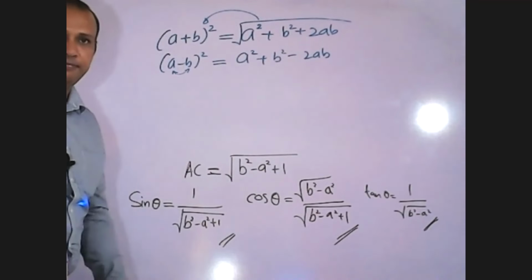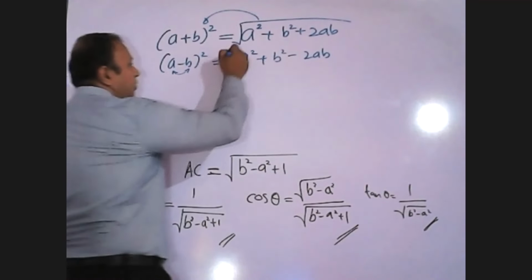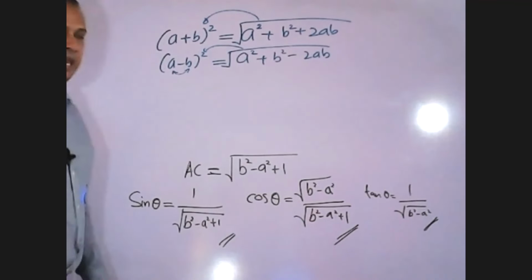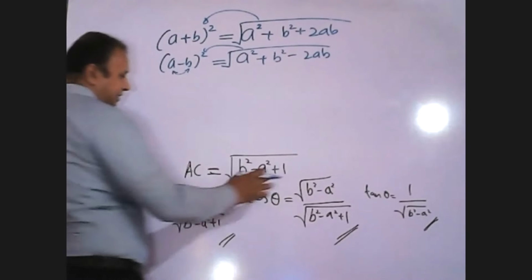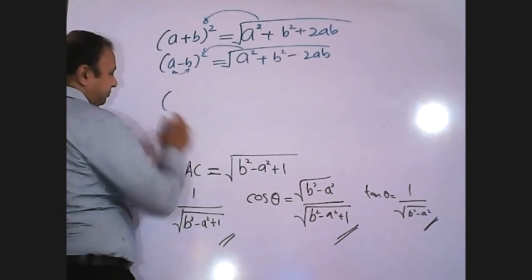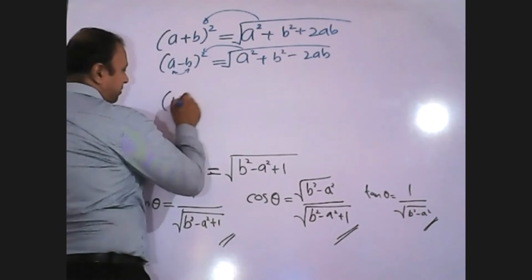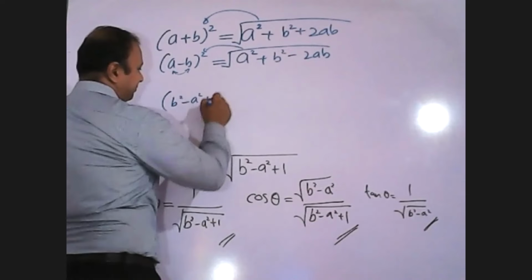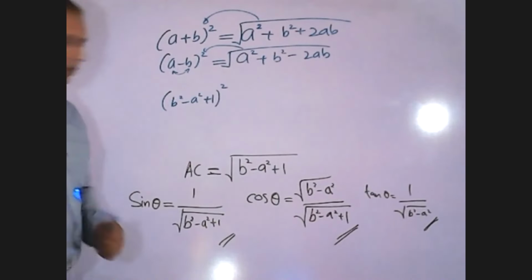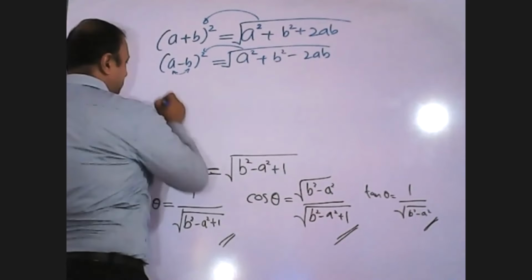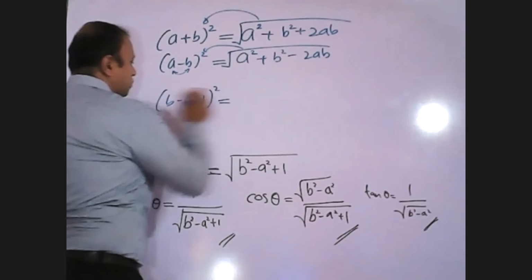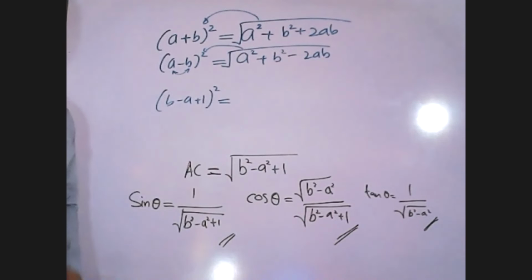As an example, you can take the square of b minus a plus 1. How to take the square of this one?